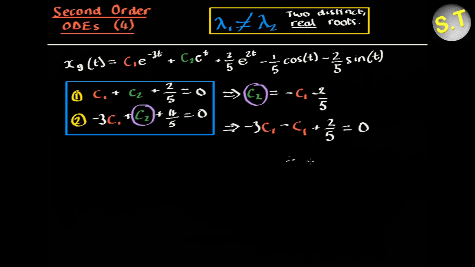So therefore 4 lots of c1s would be equal to 2/5, so c1 is equal to 2/5 times 1/4, which is equal to 1/10.